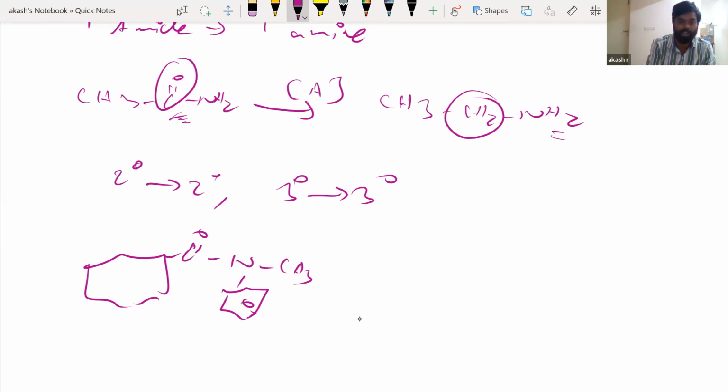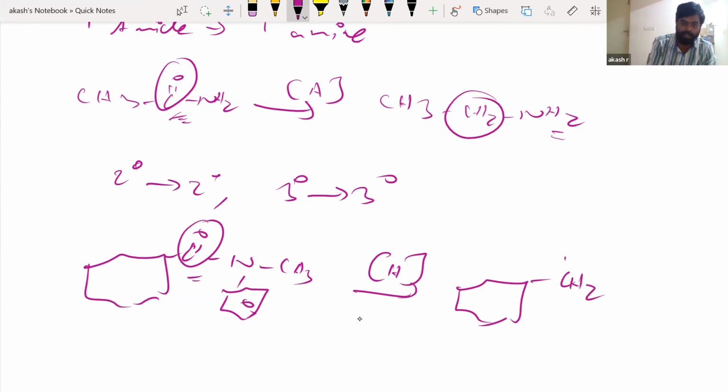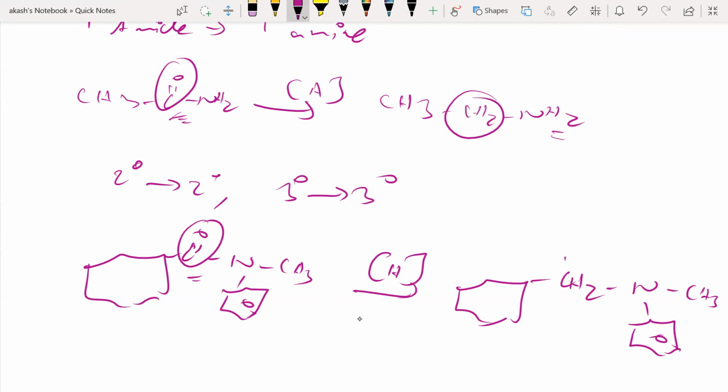Now all that I have to do is, if I go for reduction, the only thing that will change is that this C double bond O is going to become CH2. Then we have a nitrogen with a methyl group, and this will just stay like that. That's it. Reduction is what will happen. Very, very simple.